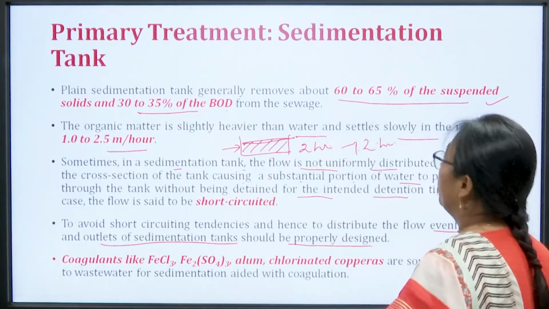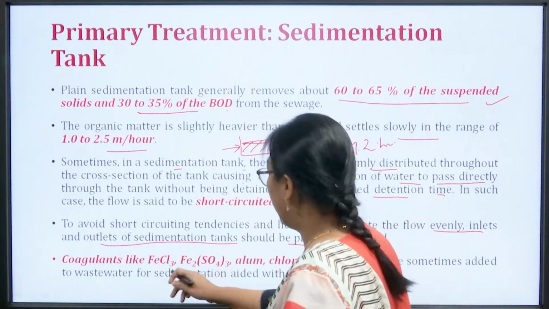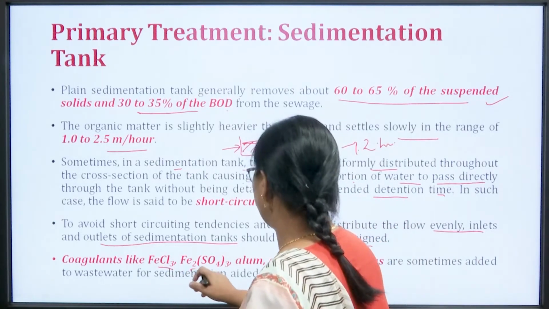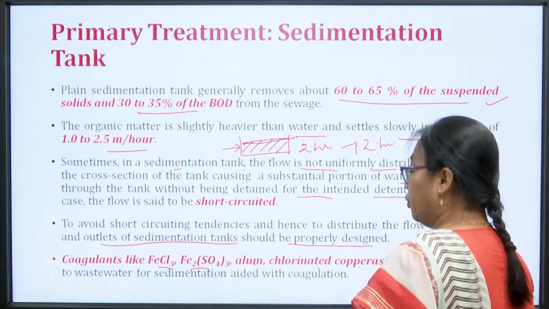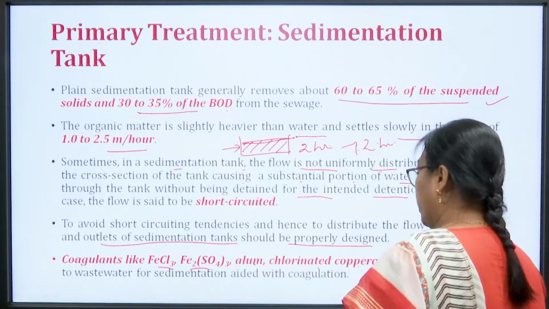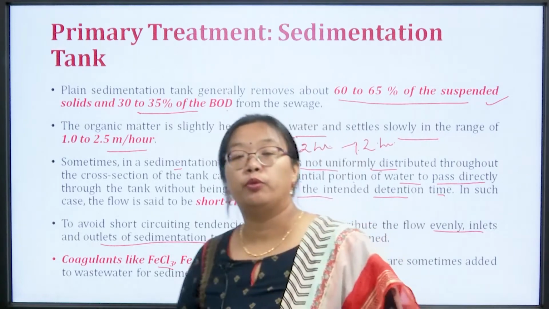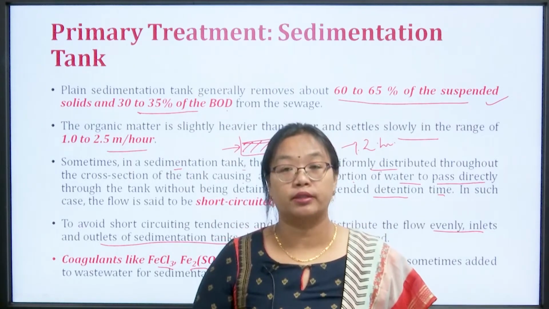At the same time, coagulants like ferric chloride, ferric sulphate, alum, and chlorinated copperas are sometimes added to wastewater for sedimentation with coagulation. So, here we have talked about primary sedimentation tanks, right.